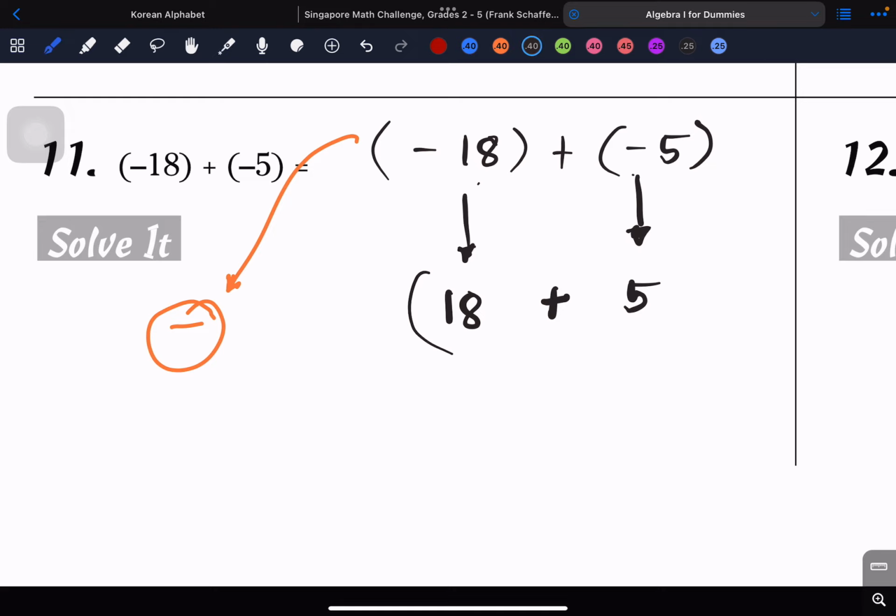Pagkatapos mo silang i-add ngayon, yung final answer mo, meron dapat negative sign. So, magiging 18 plus 5 is 23. So, ang answer natin ay negative 23.